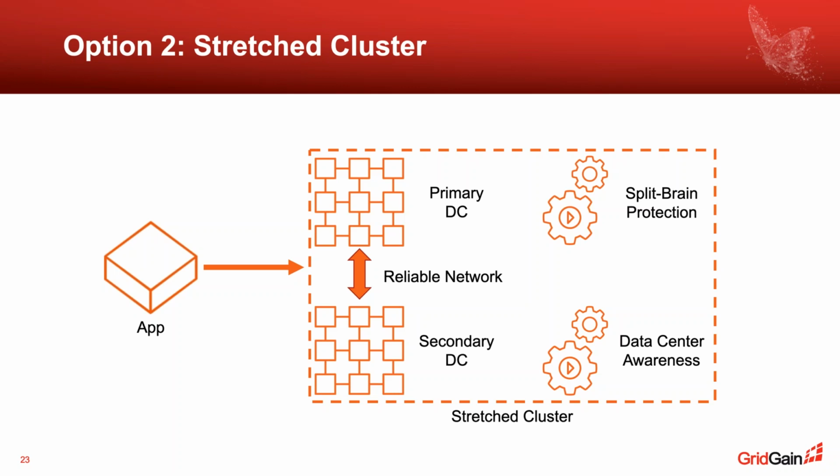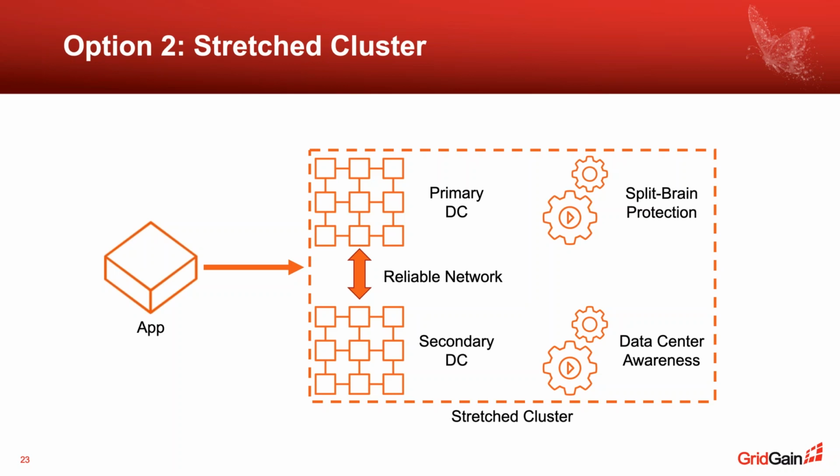But even if your network is very low latency and very reliable, in fact, you still may have issues if you have a network that is going through a city, for example.